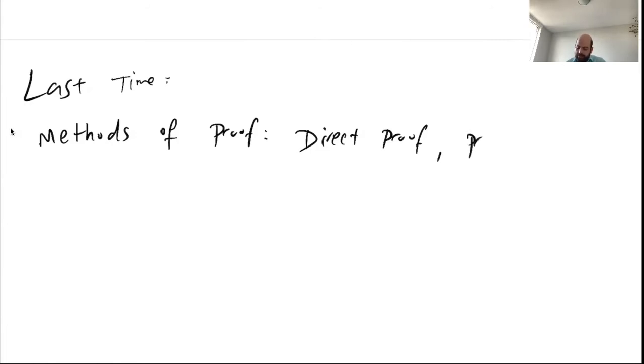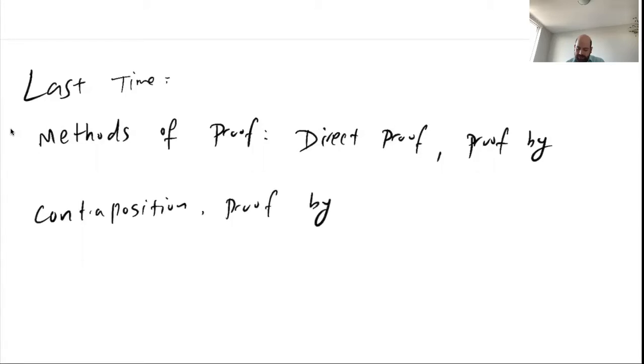We also saw proof by contraposition, and also proof by contradiction. So in both of these methods, we assume what we want to show, which we normally call Q, is wrong.